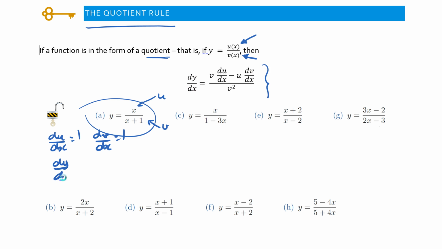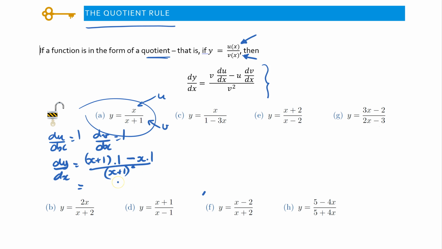So dy dx equals v, which was x plus 1, times du dx, which is 1, minus u, which is x, times dv dx, which is also 1 in this case, all over v squared, which is x plus 1, all squared.